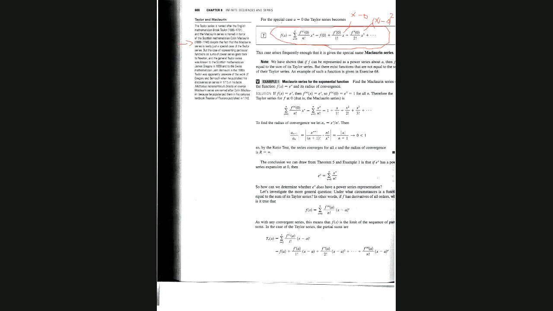They want to find here in example 1, and this should be the same in your book, the Maclaurin series for the function f of x equals e to the x. So here's the formula for the Maclaurin series. In order to get the terms of the series, you just follow the formula.